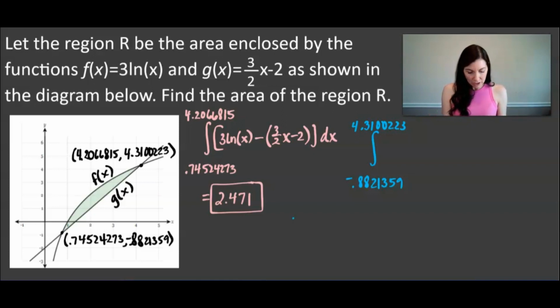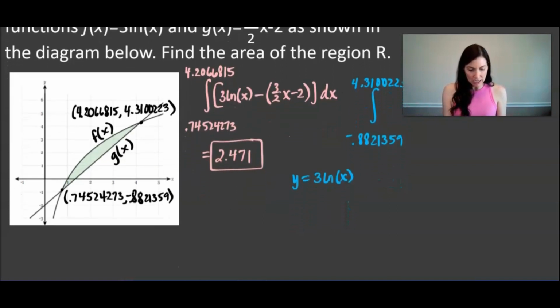So if I take the first function, which was f of x equals 3 natural log of x, but replace f of x with just the variable y, I'm going to need to solve this function in terms of y. So let's divide first by 3, and then in order to solve a natural log, I need to change it to exponential form. So x would equal e to the power of y over 3.